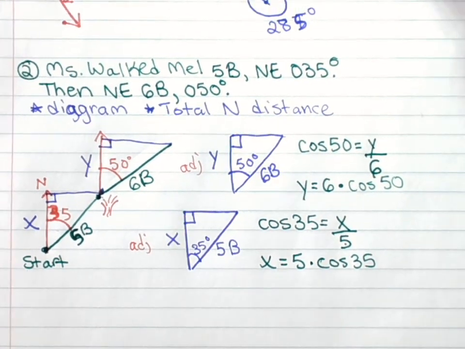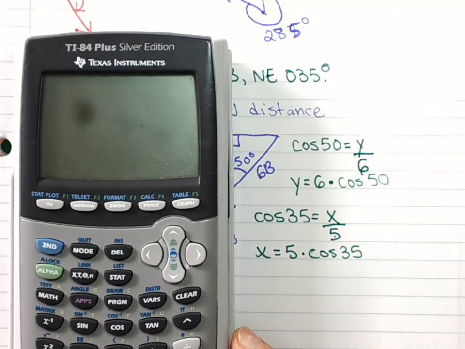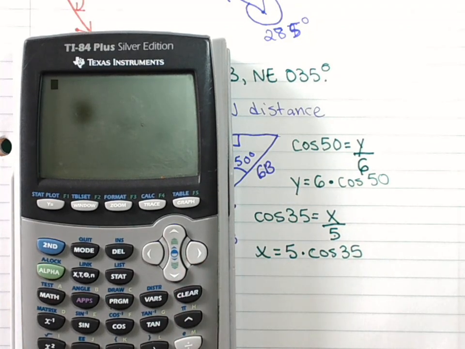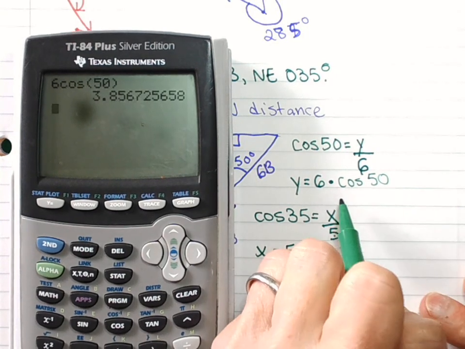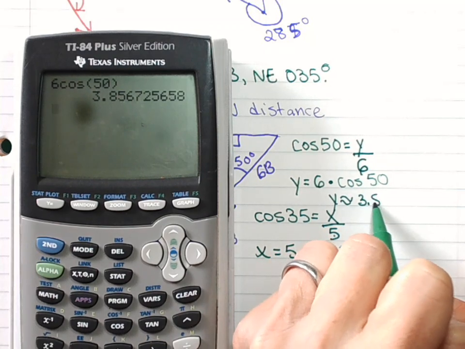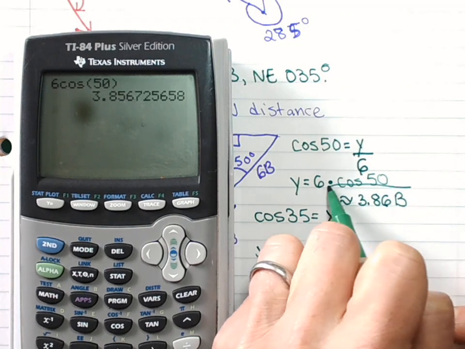And now let's look at what those calculations are. I'm going to bring my calculator to the camera. So first, looking at 6 cosine 50 degrees, we get about 3.86 blocks.